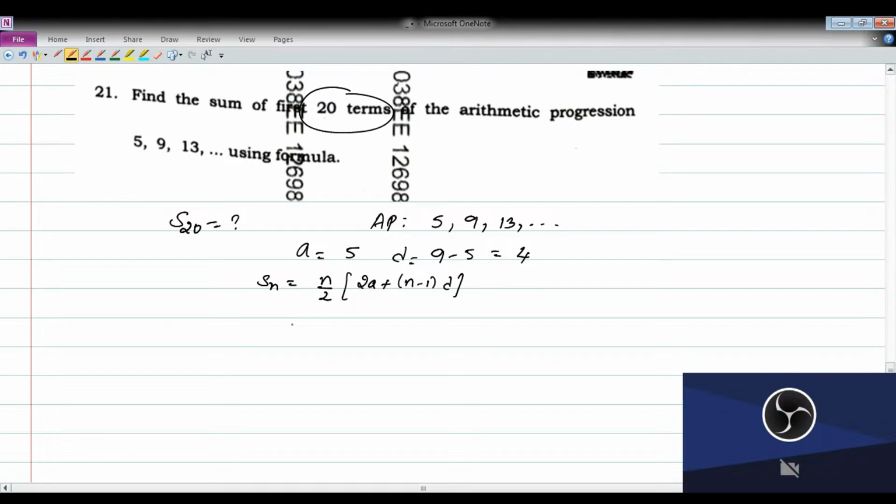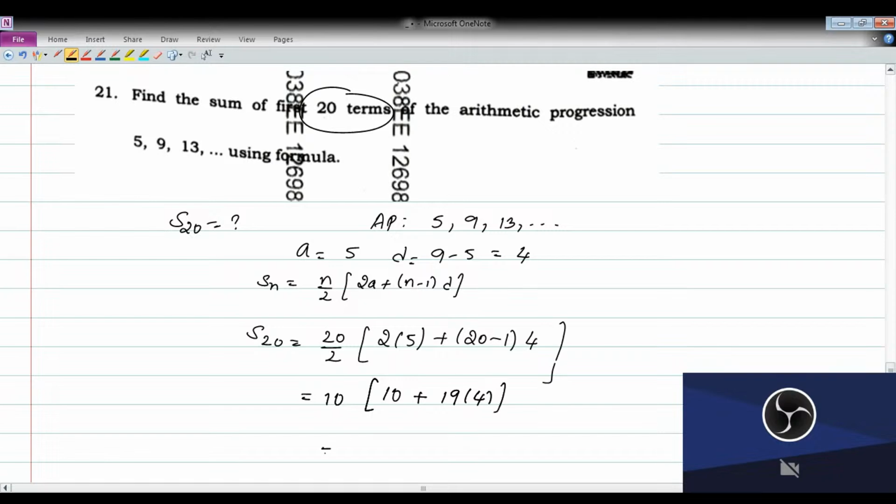So substitute the given data. I need to find out S20. So this becomes 20 divided by 2 into 2 into A plus 20 minus 1 into D, where D is 4. Now this will become 10 into 5 twos are 10 plus 19 into 4.